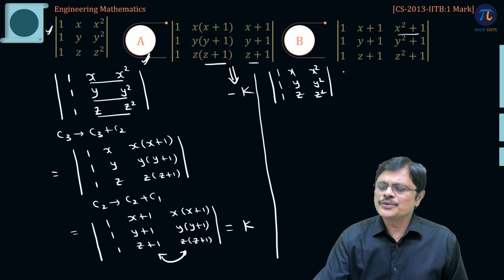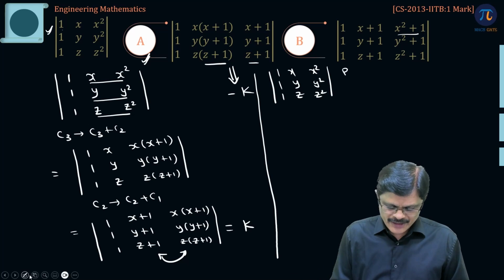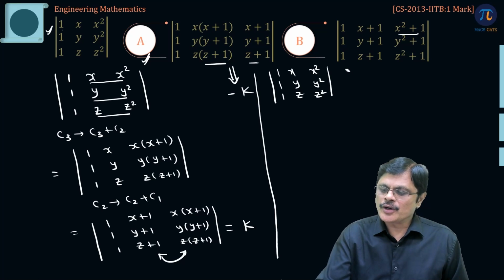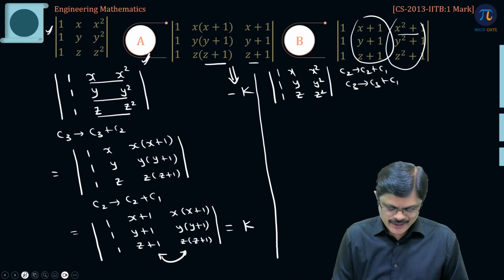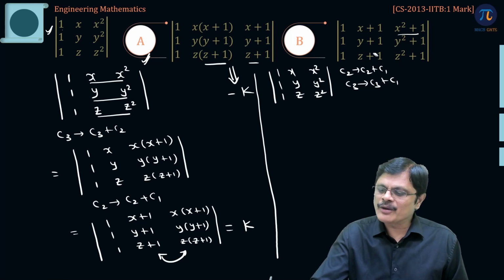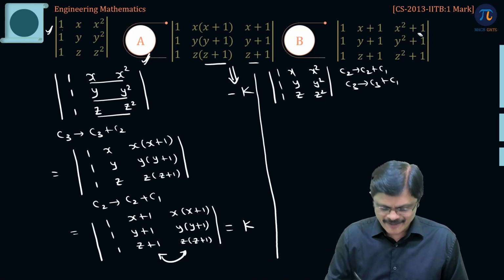Here it is about columns, so let us do column operations. Column 2 is column 2 plus column 1. You will get this. Then column 3 is again column 3 plus column 1. You get this. So both are equal. So the given determinant equals the determinant given in option B.